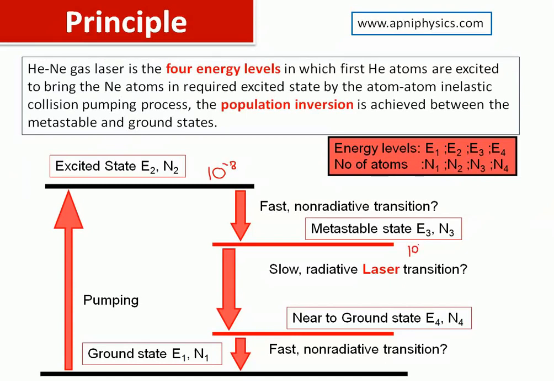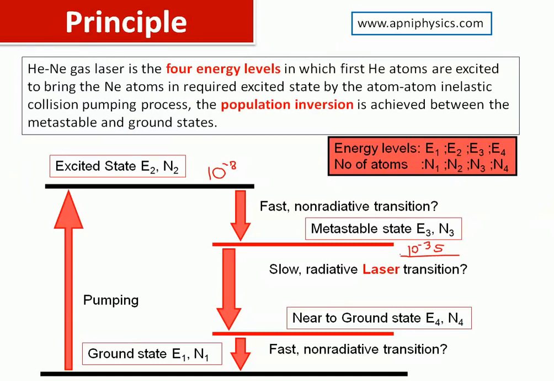So you see the difference between the excited state and the metastable state is about 5 orders of magnitude, right? The metastable state has lifetime 10 raised to the power minus 3 seconds, and for the excited state it is about 10 raised to the power minus 8 seconds, right?